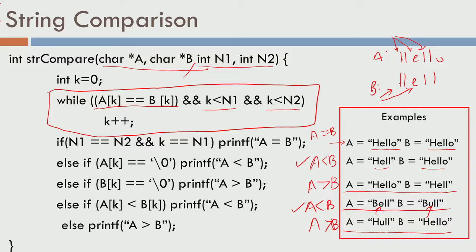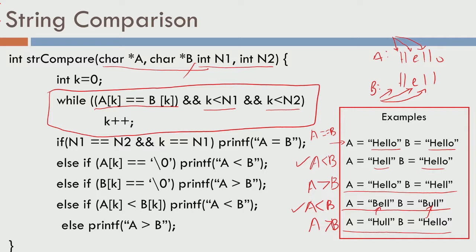Then I increment k. Now A of 2 is L and B of 2 is L. So as long as things are same, I have to keep moving right, and I will stop when either the condition that the characters are same is violated, or I ran out of characters in either A or B. So that is what these three conditions are doing.